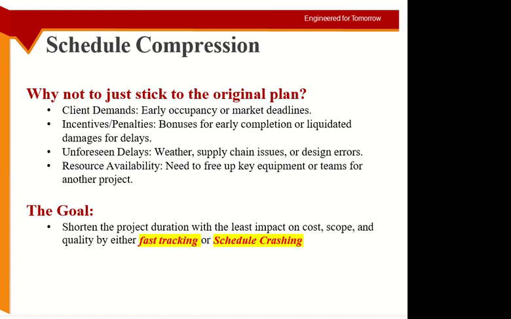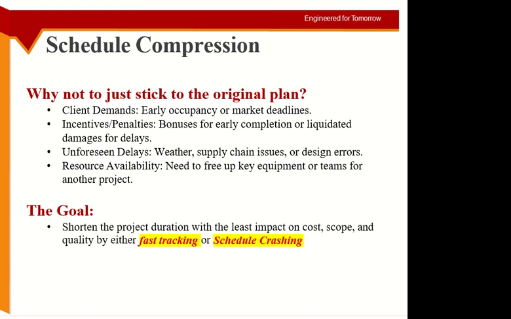So in many cases, it is not possible that you achieve compression in the project without changing the other parameters. Now what we are going to discuss is, we are only going to discuss the impact of one of them on the project compression.